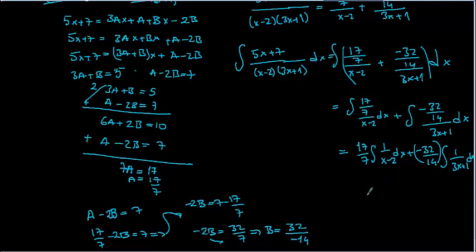Here both of them are in 1 over ax plus b form, so they're going to be equal to 17 over 7 ln, not integral anymore because this is ln form now, the integral has taken ln absolute value of x minus 2, plus minus 32 over 14 times 1 over 3 ln of 3x plus 1, plus c is going to be the answer.